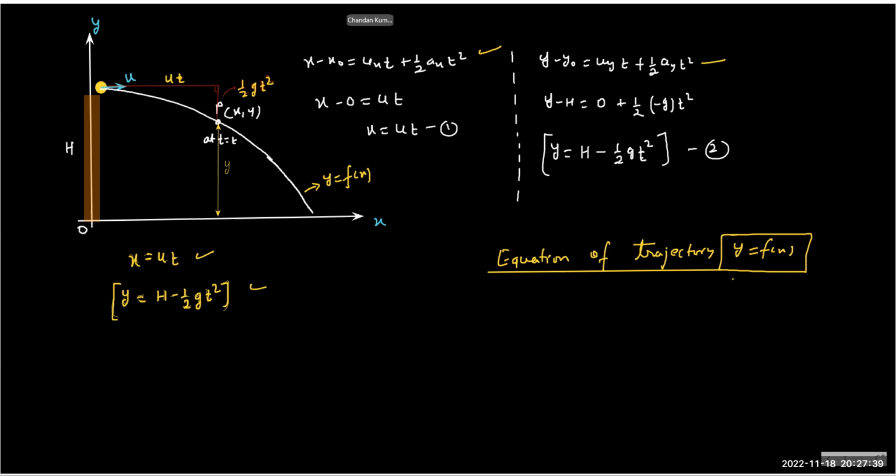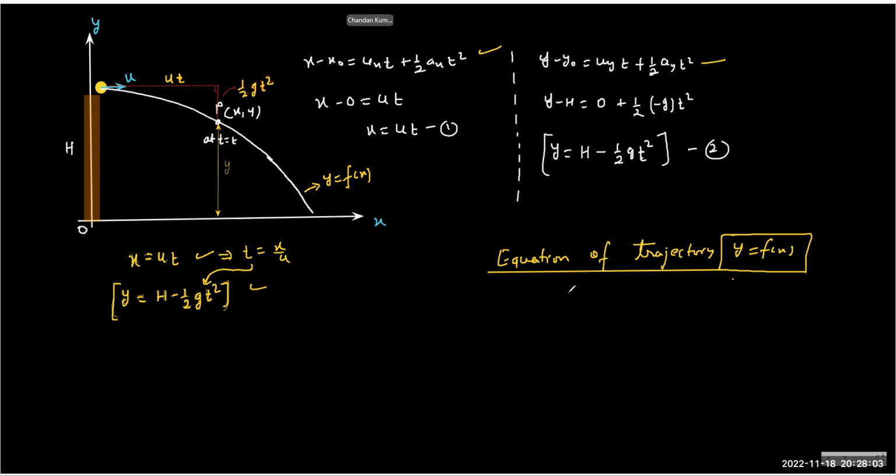Yes, sir. So how to eliminate? We can write time as x by u and then put it in the second equation. Very good. But it is just x by u, not u by x. So this implies t equals x by u, and this t you can substitute here.